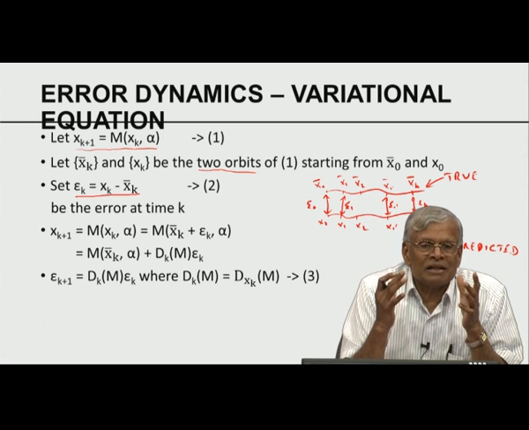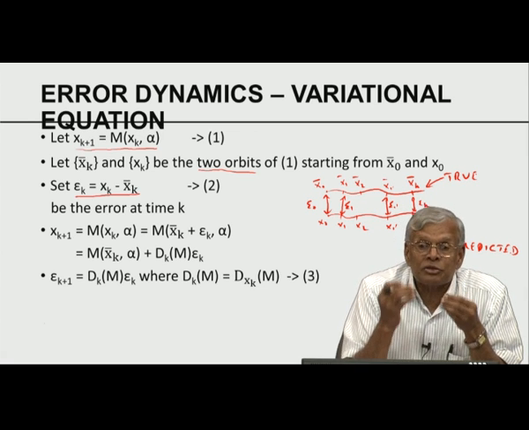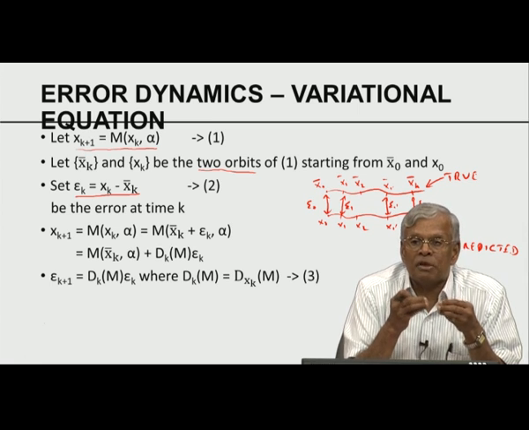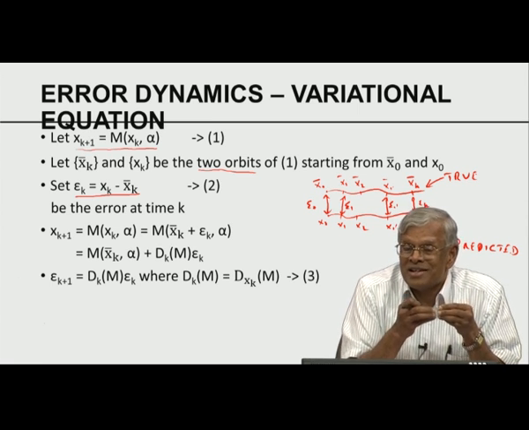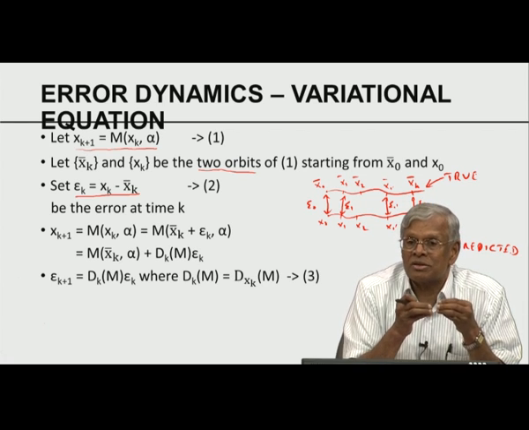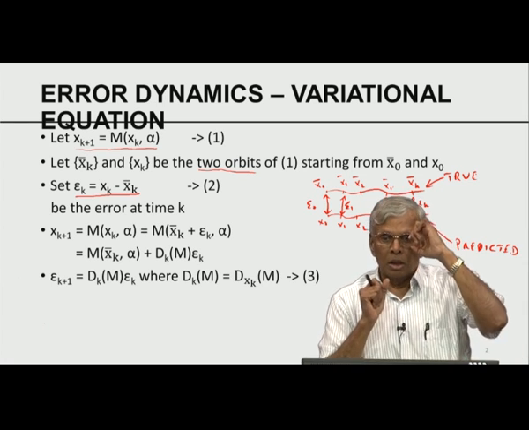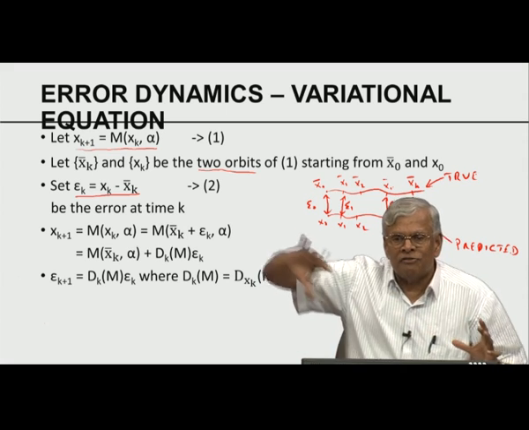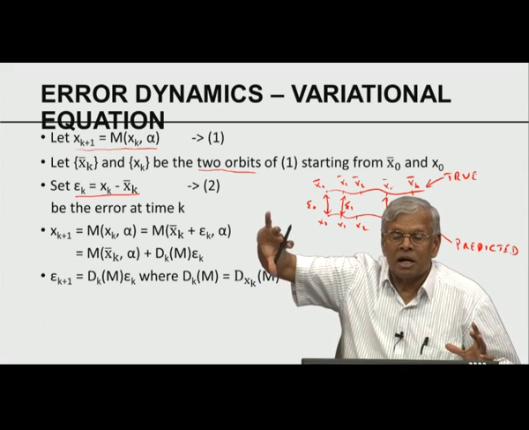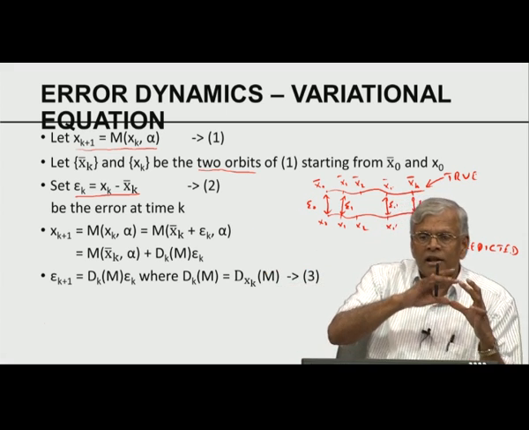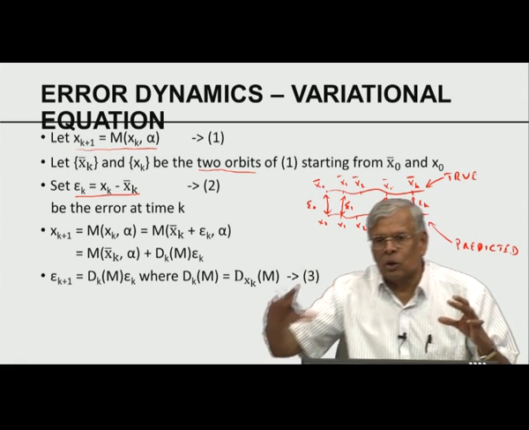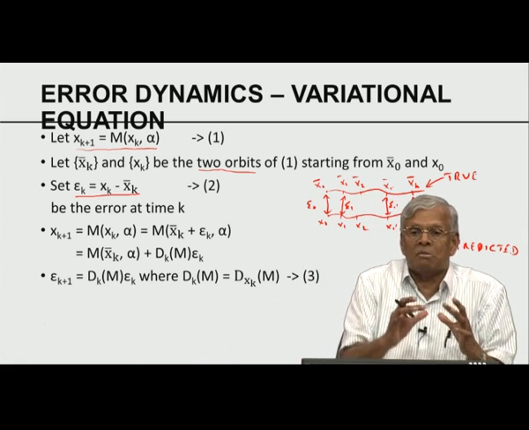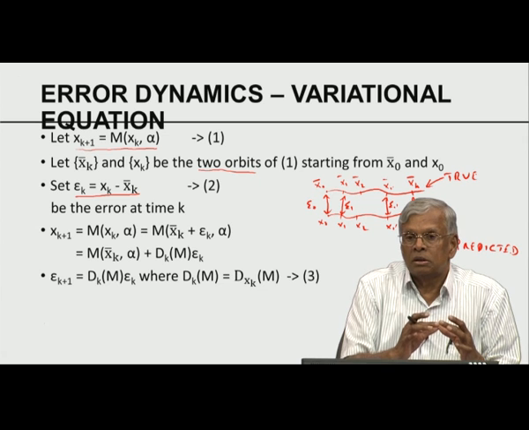So what does this relate to? It relates to the sensitivity of the model to the variations or errors in the estimate of the initial condition. So if the initial errors are magnified by the model, that means the model is very sensitive. If the initial errors do not grow but go down to 0, that means the model is more stable.